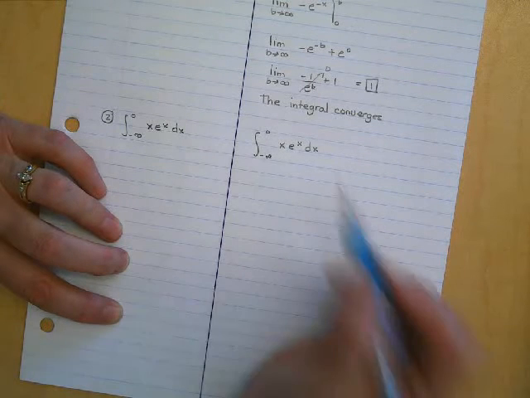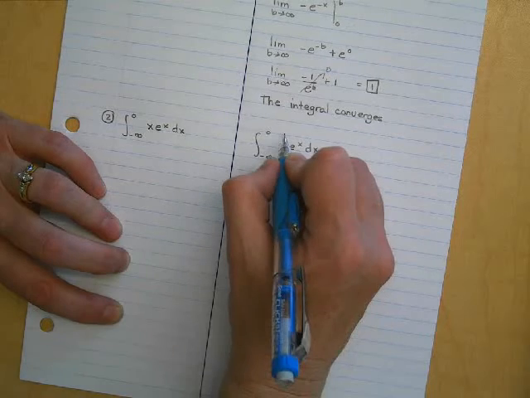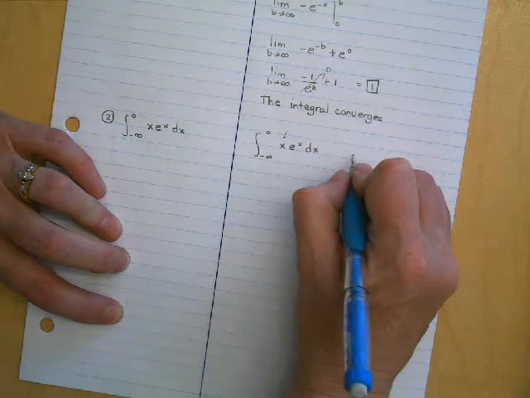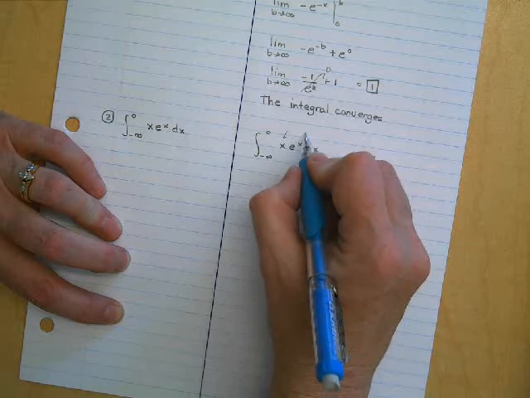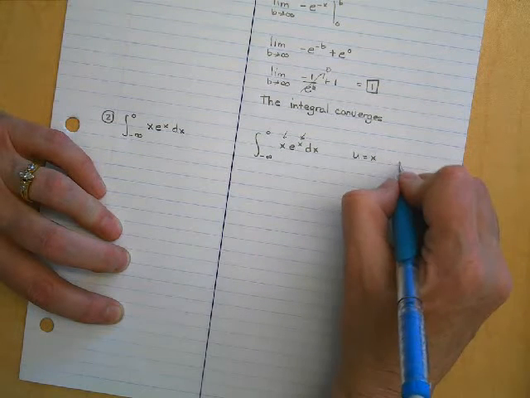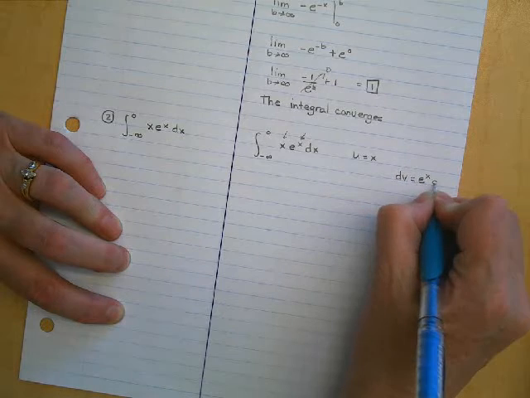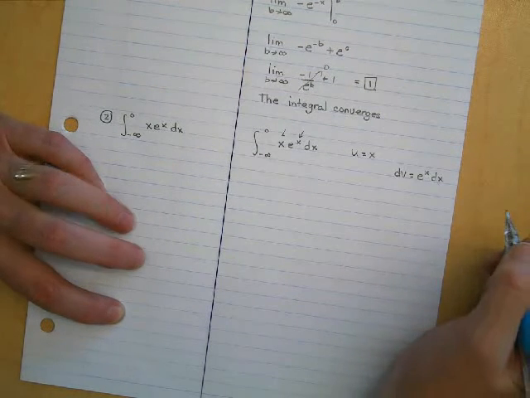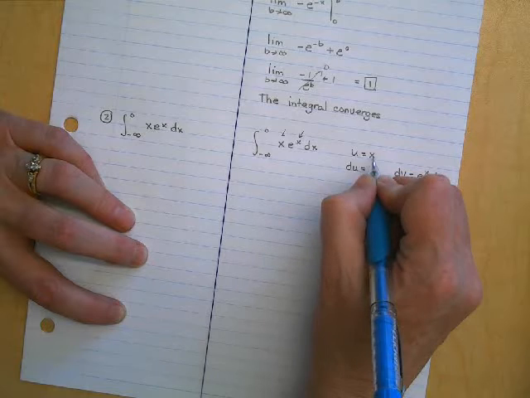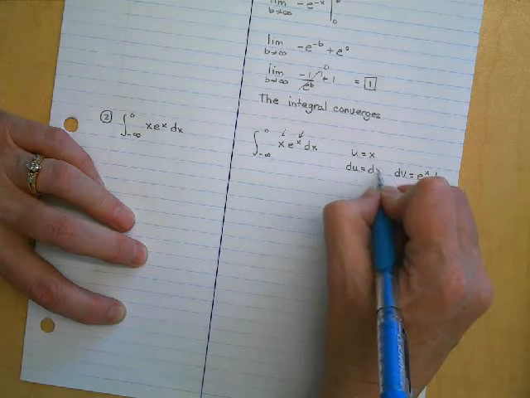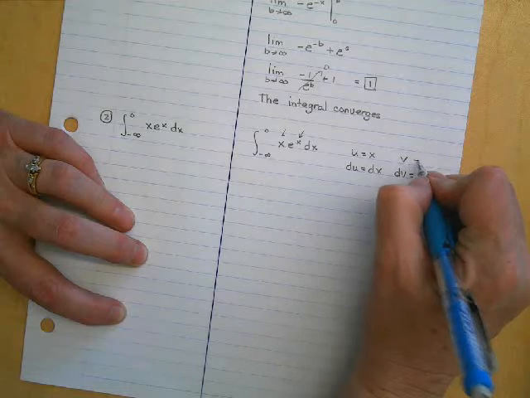Remember that's when we did the u, v, du, dv. We call this part right here u, and this part right here is going to be dv. Then du would just be 1, and v would just be e to the x.